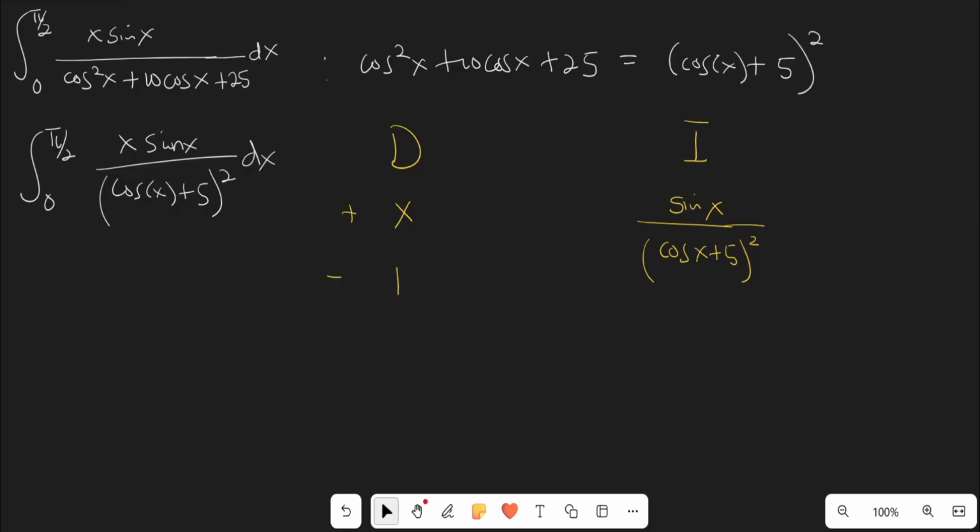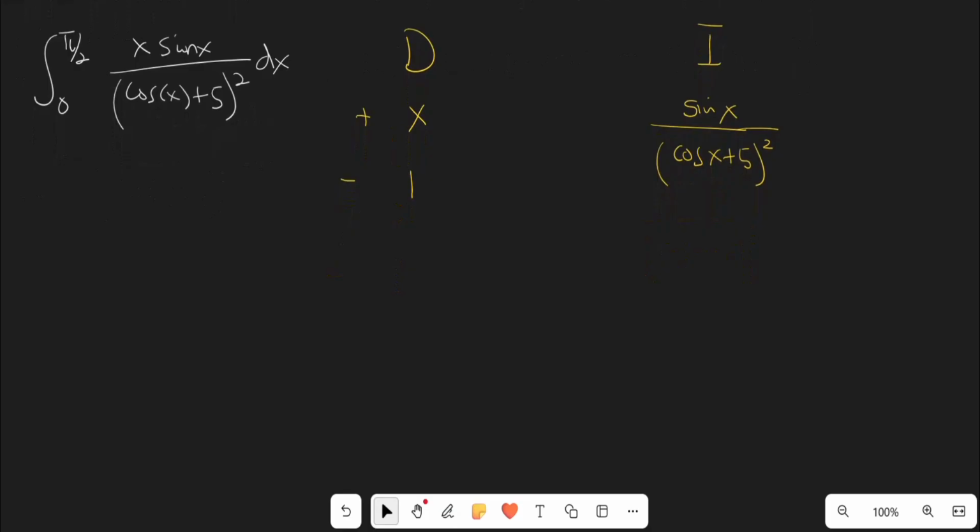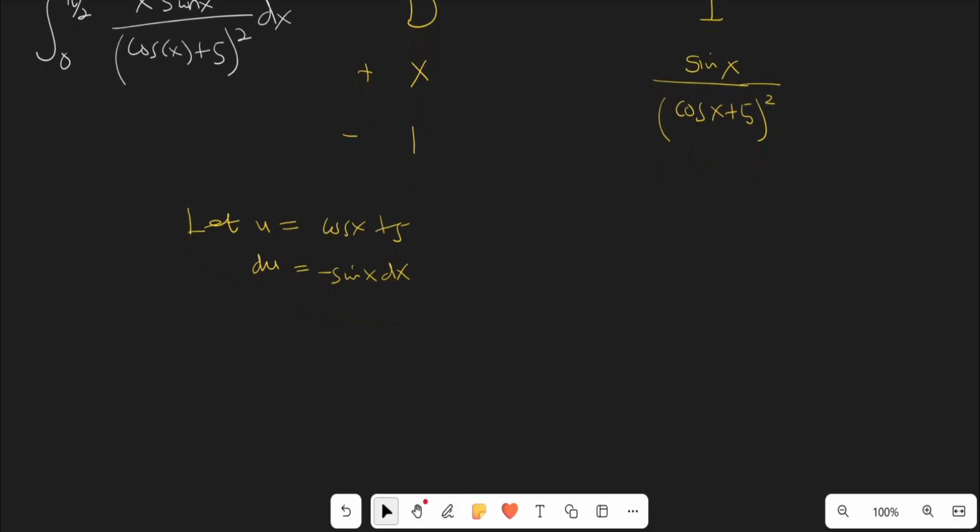If you integrate this, we can use a u sub. We can let u be equal to cosine of x plus 5. So du is going to be negative sine of x dx. In that case, we get the integral of sine of x dx, which is like du but with the negative, all over u squared.